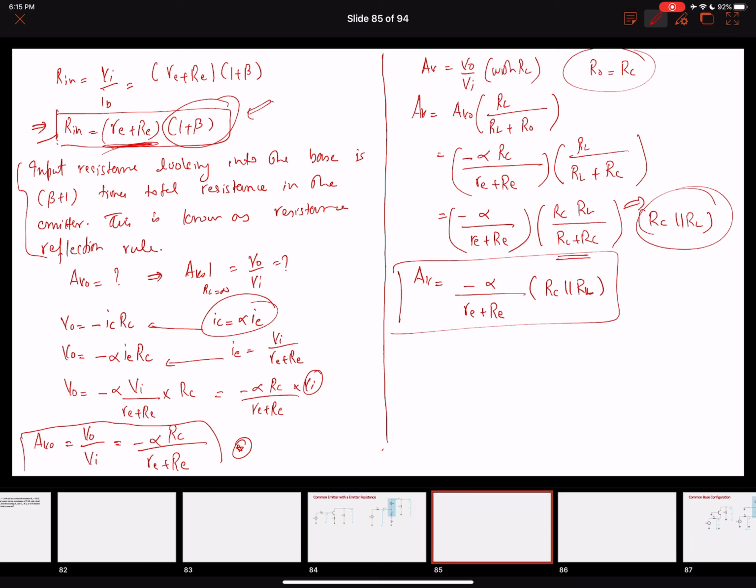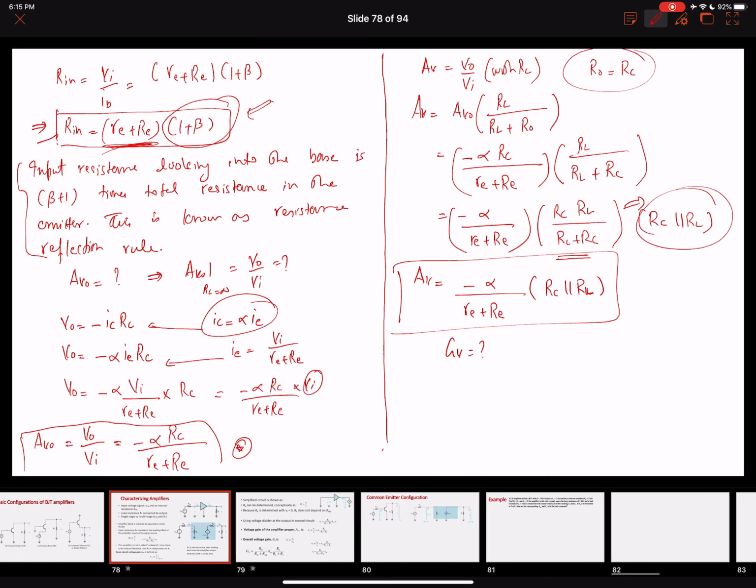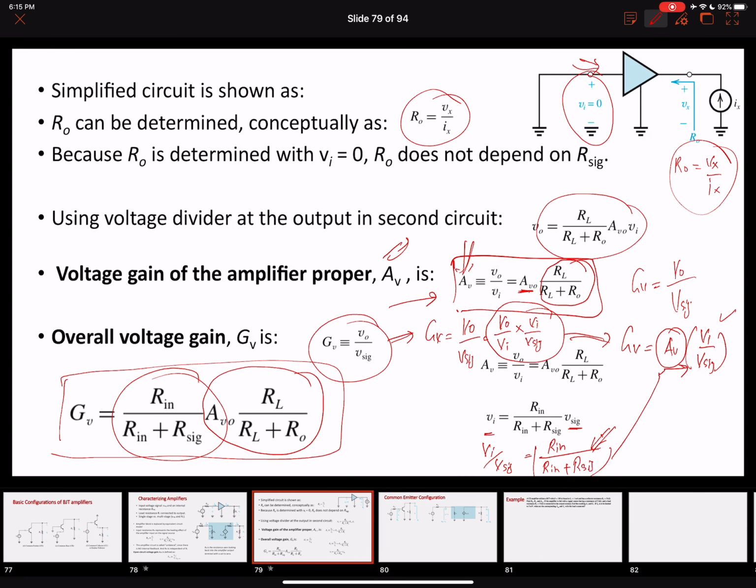So this is how we can find out the voltage gain of an amplifier of this common emitter configuration with emitter resistance. The last thing that we need to do now is to find out the overall voltage gain. Going back, we know that our overall voltage gain equals AV, the voltage gain of the amplifier, multiplied by Rin over Rin plus Rsig.